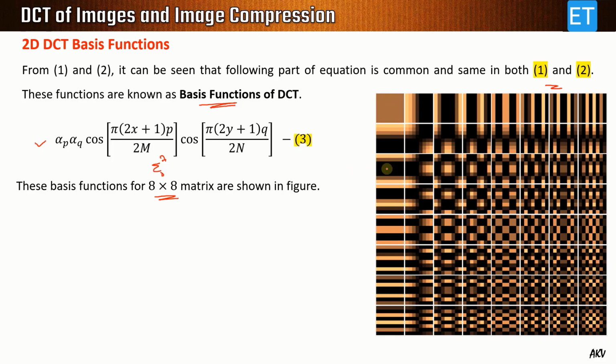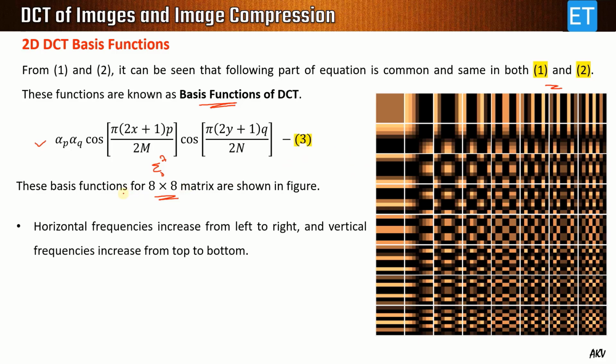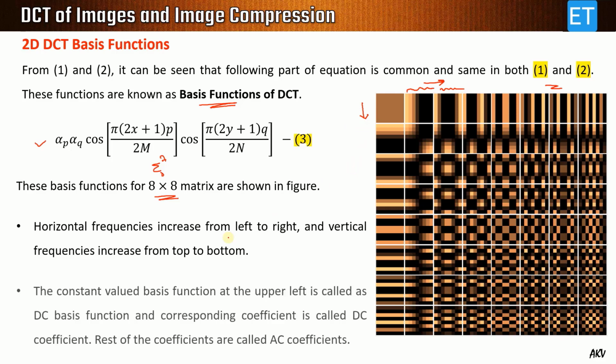So here you can see that the horizontal frequencies are increasing from left to right. And if you go from top to bottom, you can see that the vertical frequencies are increasing.